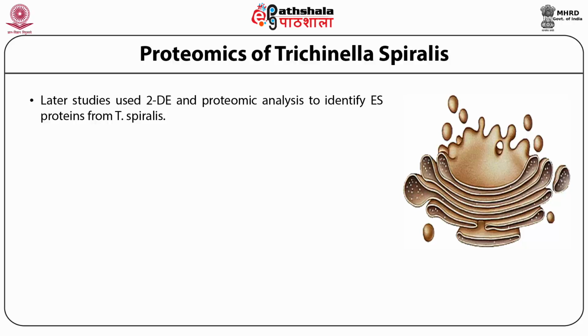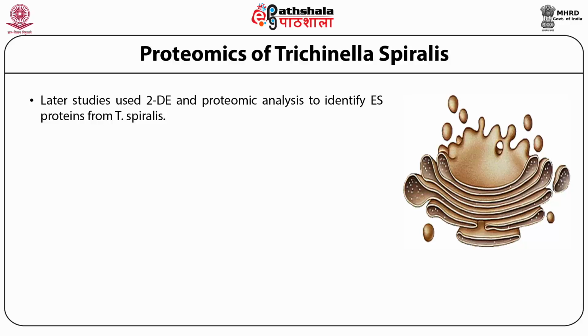Expressed sequence tags generated from the 3 life stages of Trichinella spiralis, that is the adult, mature muscle larva and immature L1 larvae, improved technical capacity for proteomic research on Trichinella species.